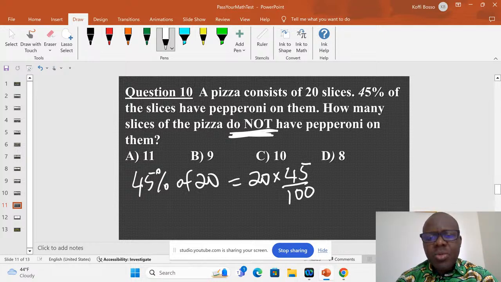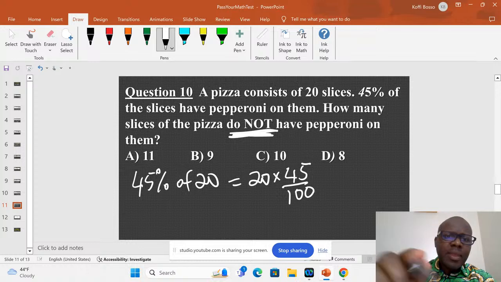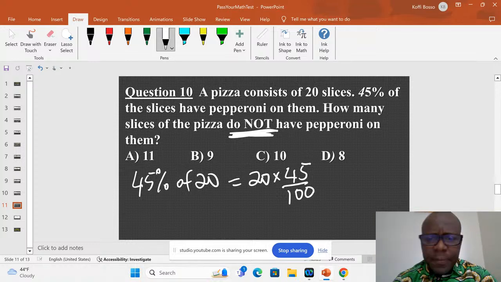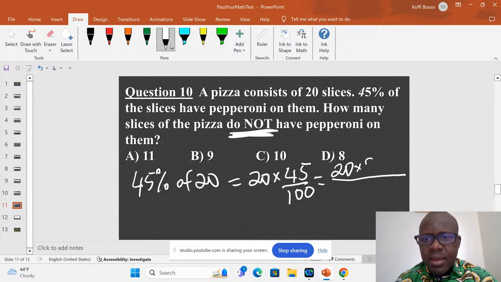Let's do something, because this is without a calculator. Let us see what's going to happen. I will keep 20, but 45 we're going to rewrite as 9 multiplied by 5. I'm trying to break it down.